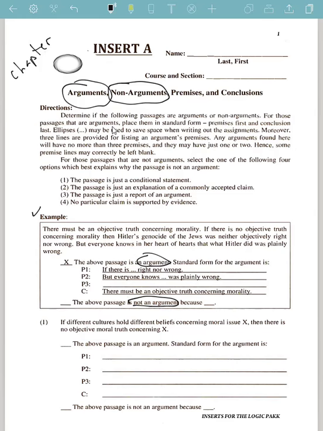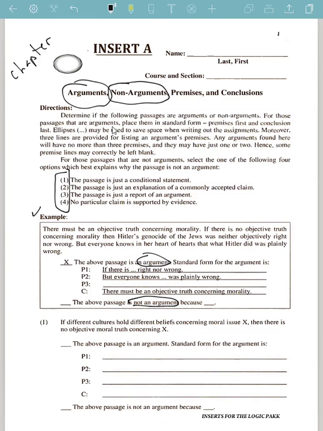Patterns of non-arguments are also something we can identify based on the pattern or the structure of what's happening in the passage. When you look at a passage and identify it as a non-argument, this assignment is giving you four different types of patterns of non-argument.